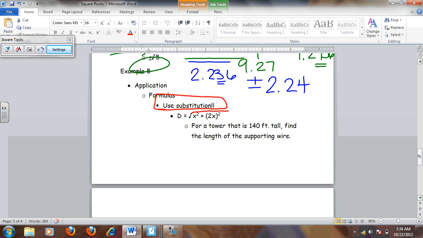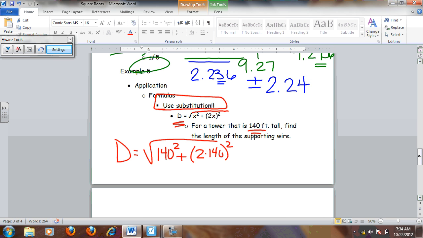X is representing the height of the tower. So if we have a tower that's 140 feet tall, and D is going to tell us how long the supporting wire needs to be, let's just rewrite the formula. D equals the square root. Instead of X, I'm going to write 140. So 140 squared plus 2 times 140 squared.